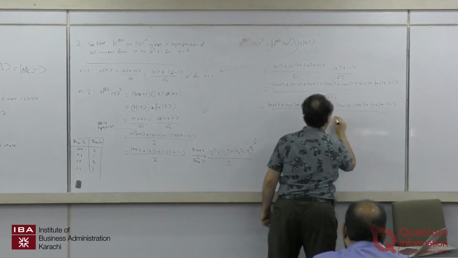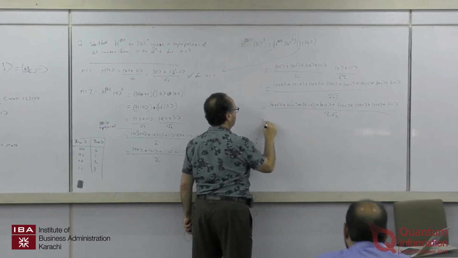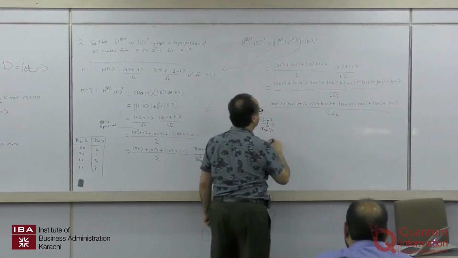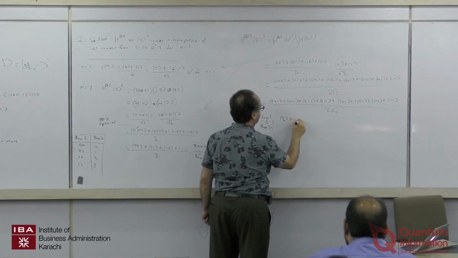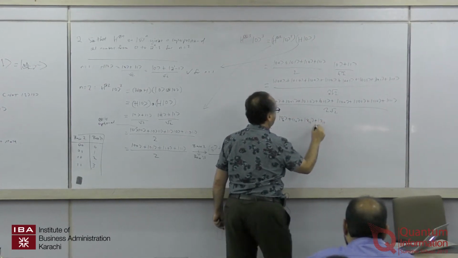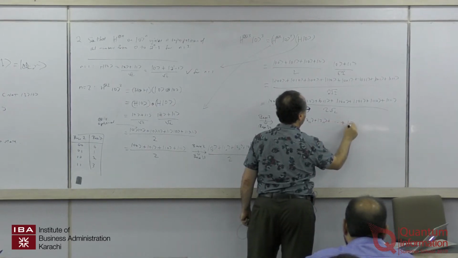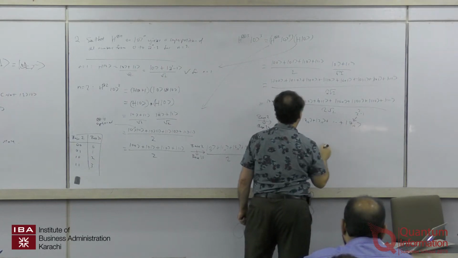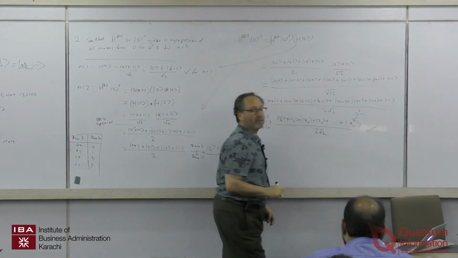Okay. And then we'll go over base 2 to base 10. And then we get, and that number is 2 to 3 minus 1 over 2 root 2, and it's correct.